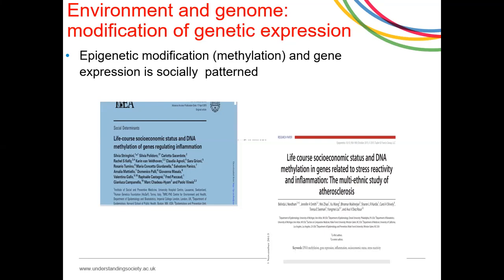These two papers reported that they were associated with social position, one arguing that it was early life social position that mattered for methylation of these genes, and the other that it was later life that was important. So even here you've got something quite complicated, in that there are different parts of the life course where it's most important to look.